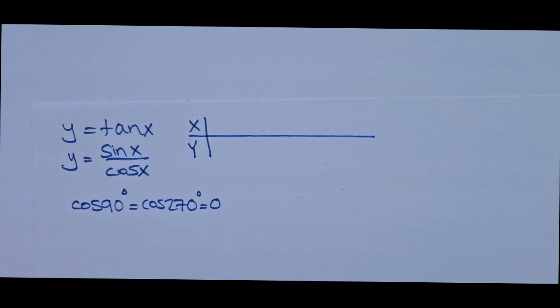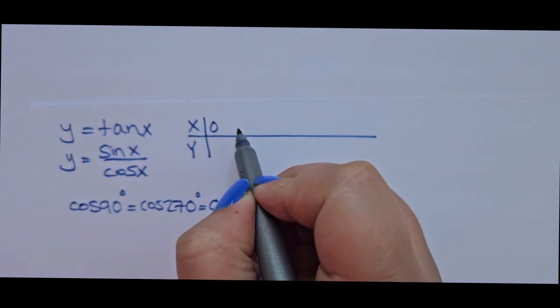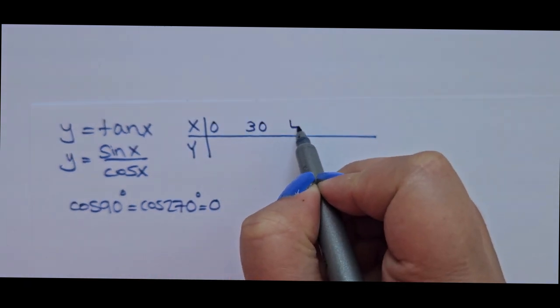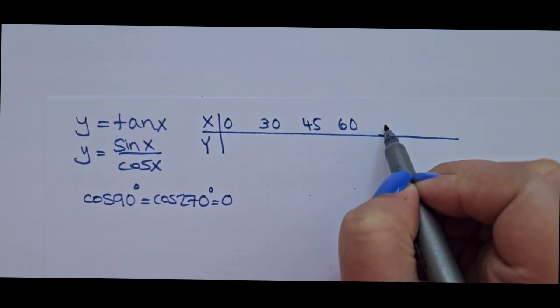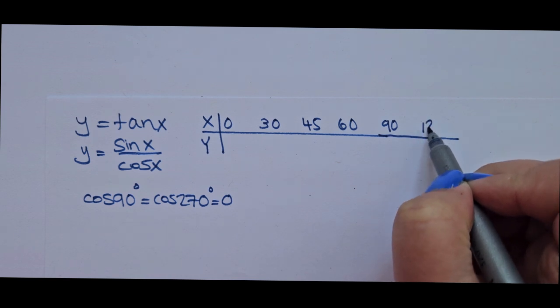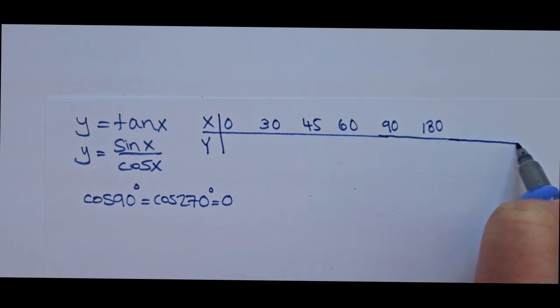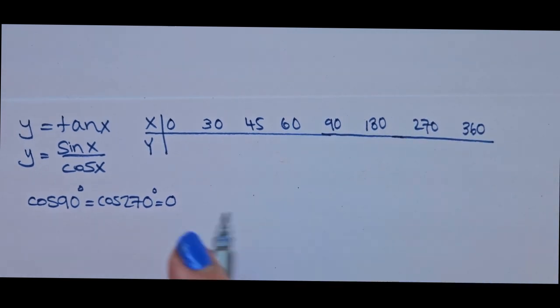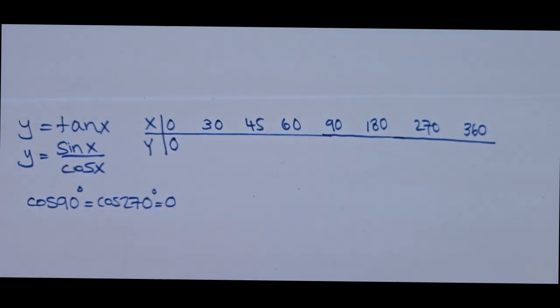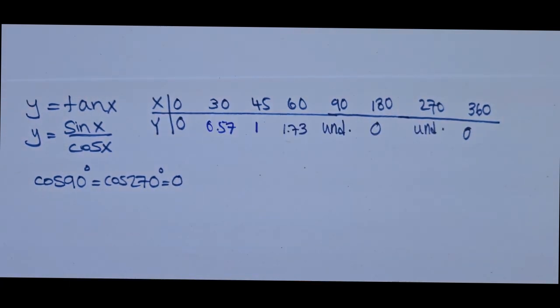So let's start with finding the values: 0, 30, 45, 60, and 90, 180, 270, 360. Now let's calculate the values. I already calculated the values for ten different angles.